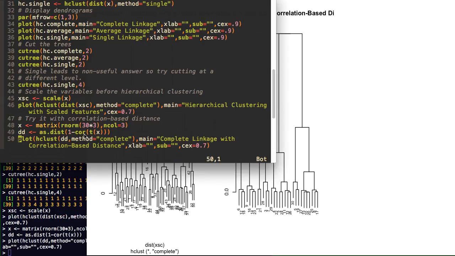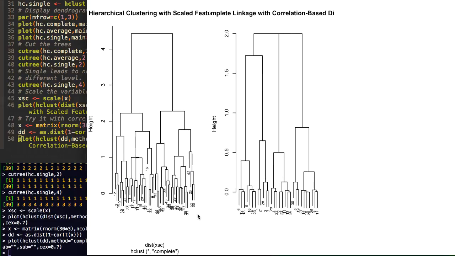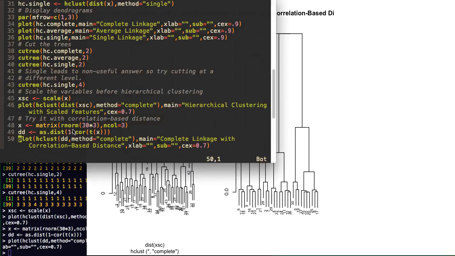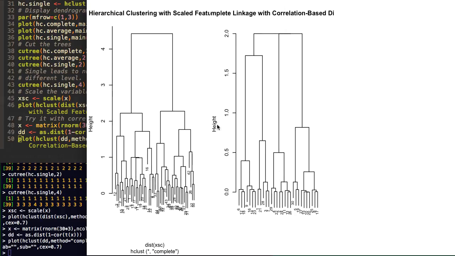So here we've just taken the correlation and used the as.dist function on it to make it be interpreted as a distance. And these are both complete linkage. These headings are terrible. You'd have to expand this or make the headings smaller to make them look good. But in any event, you can see that the correlation-based distance gives us quite a different view from the Euclidean distance.